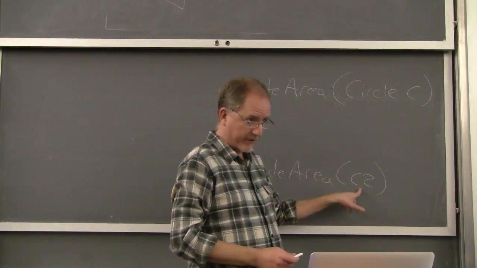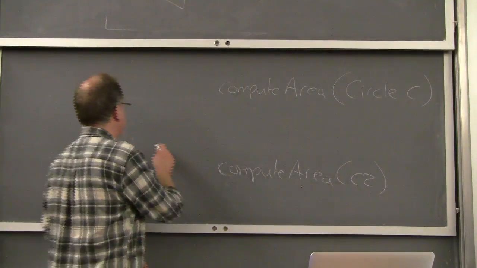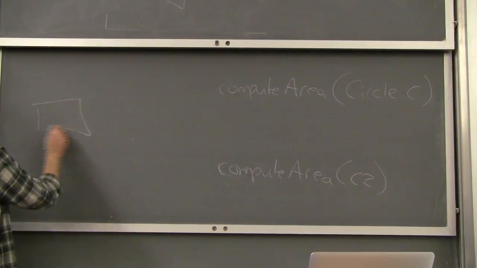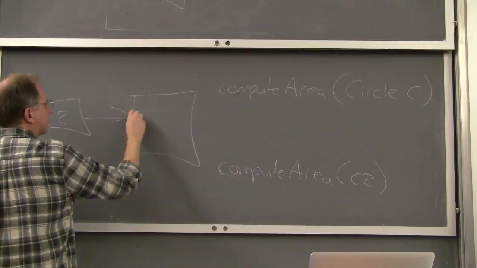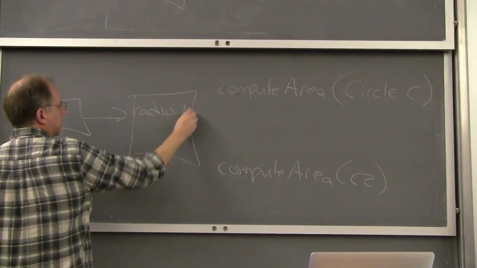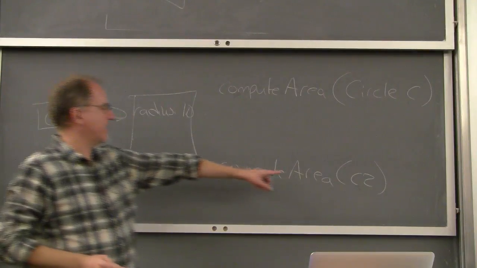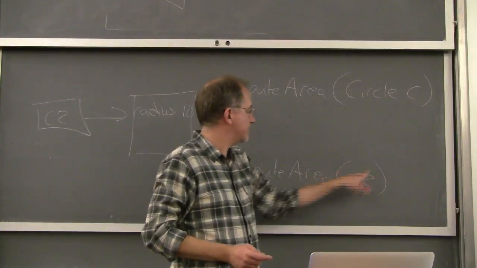C and C2 will both be referencing the same object in this case, right? So C2 references some circle object. When I make this call, it says, okay, assign the same value to C that C2 holds.